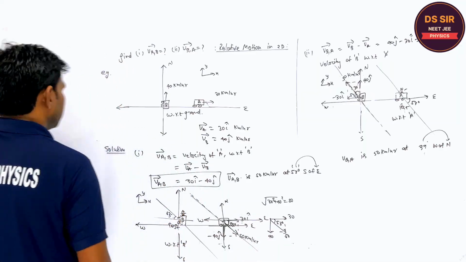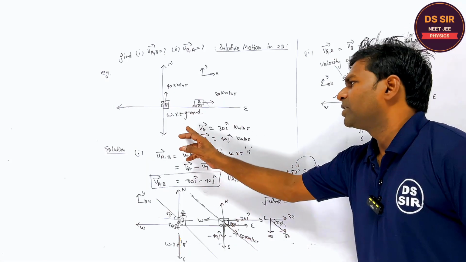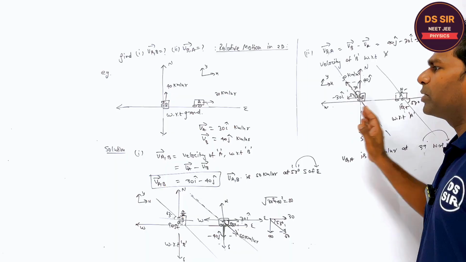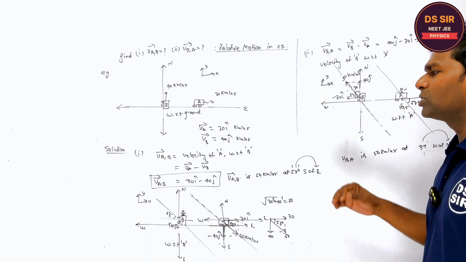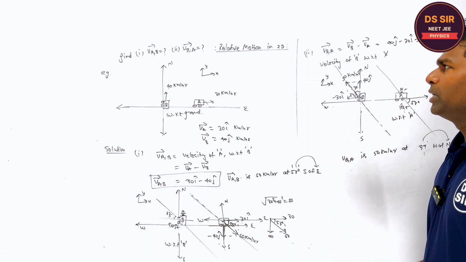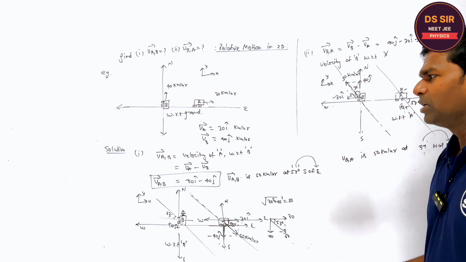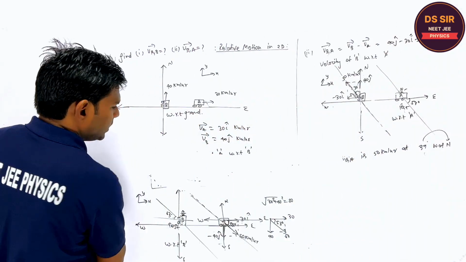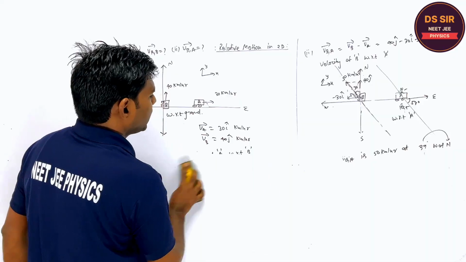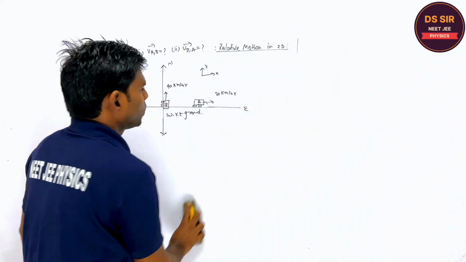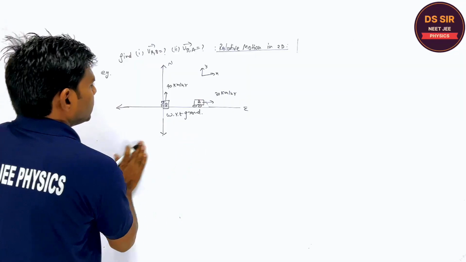Copy this. So listen one thing. Although this is the vector method to get the relative velocity, we have the shortcut also. The same shortcut we have discussed in relative motion in one dimension. We can use this. Let's see how it works.